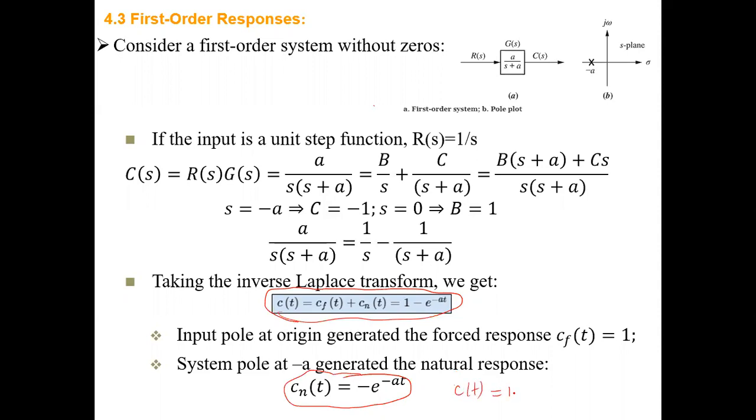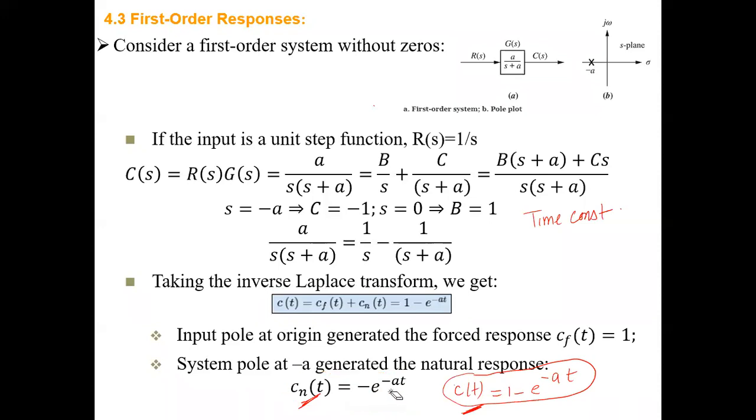CT is 1 minus e to the minus AT, right? So I'll take both of them one by one. I'll take this guy, which is the natural response, and the total response, and define a quantity called time constant. Okay, let's define time constant from here.